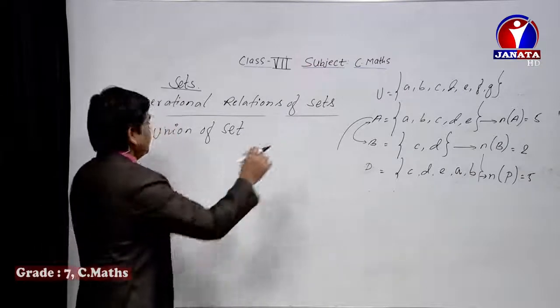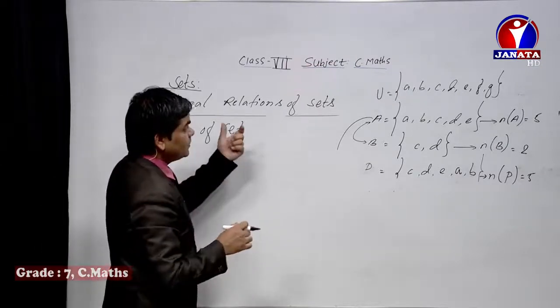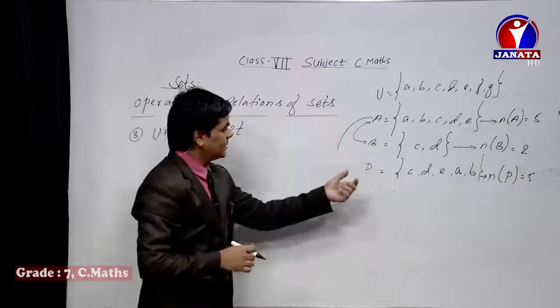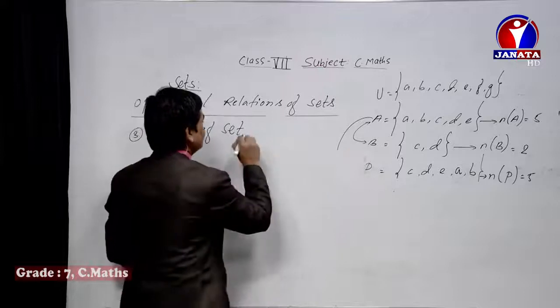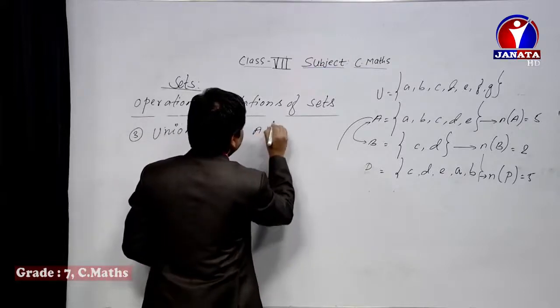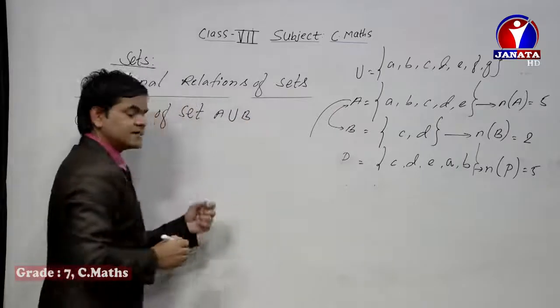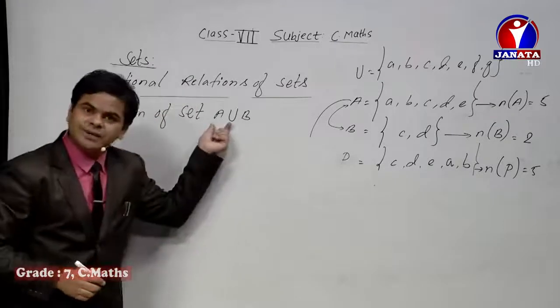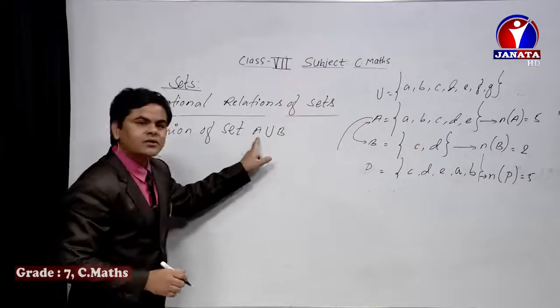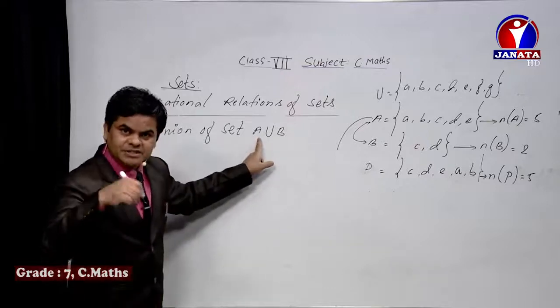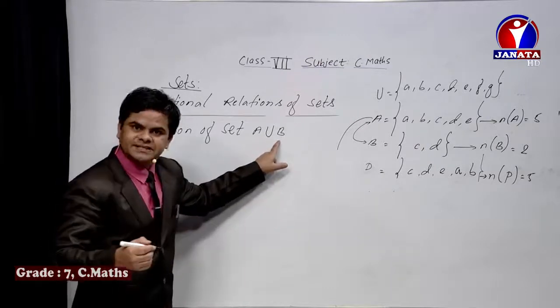So if we are going to prepare the union of two sets A and B, for example, dear students, at that time what we have to do is we write A union B. Logically, if we say this one, this is either A or B, either the information of A set or B set.